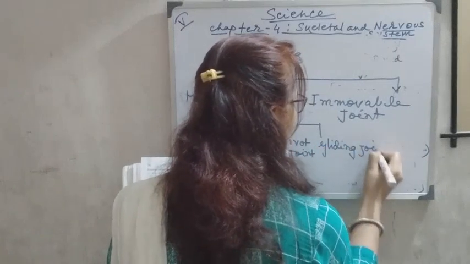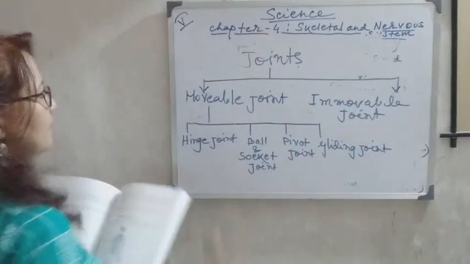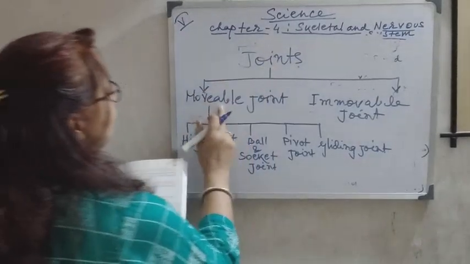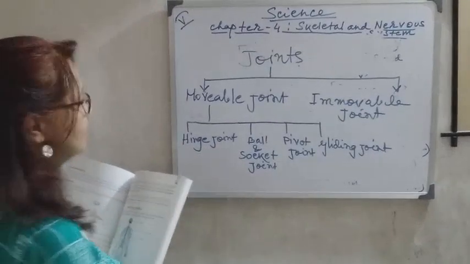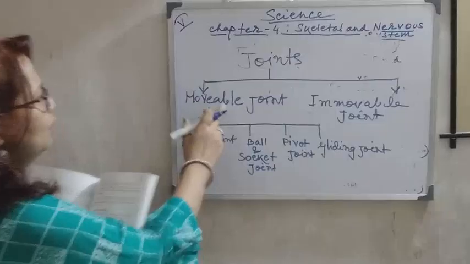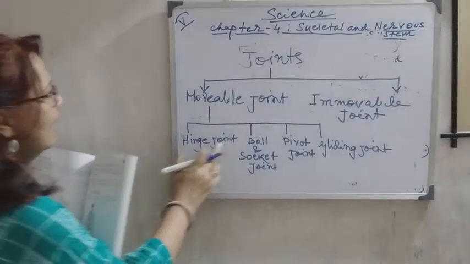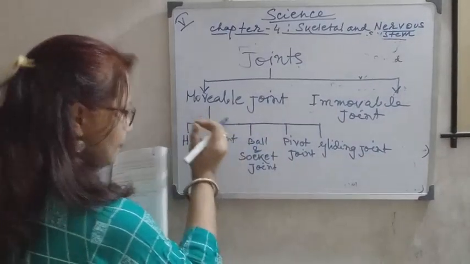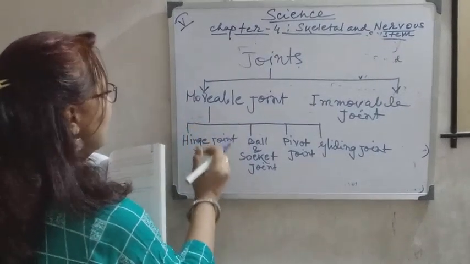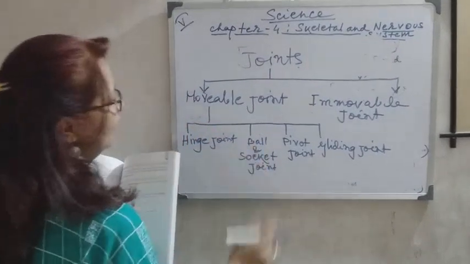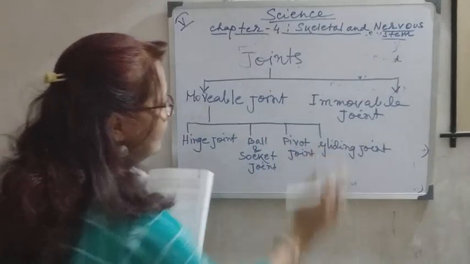Today we learn about this part. So there are two types of joints: movable joints and immovable joints. The subparts of movable joints are hinge joint, ball and socket joint, pivot joint, and gliding joint.